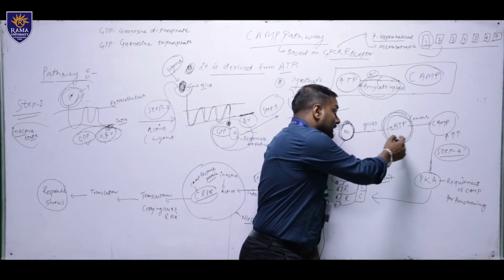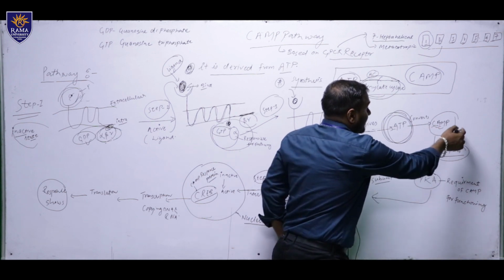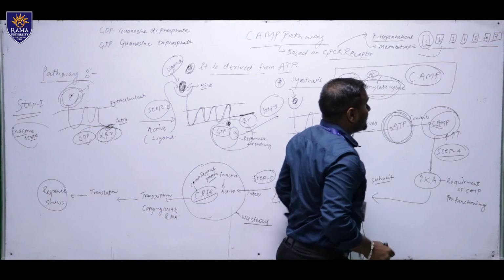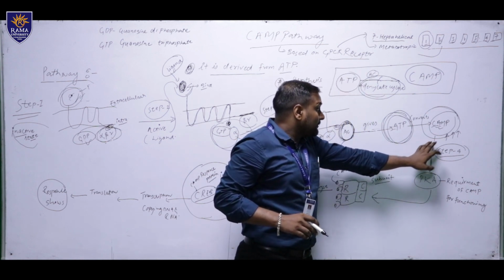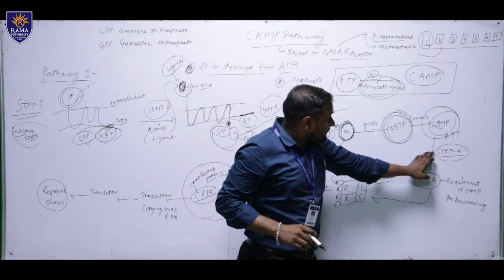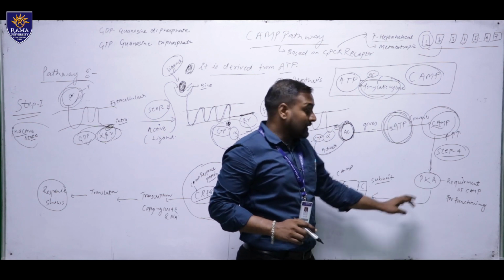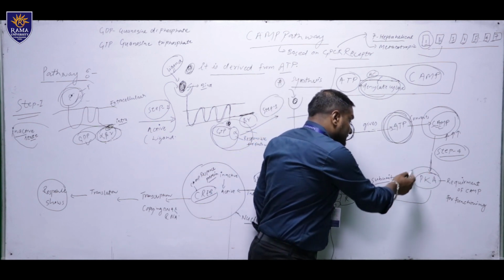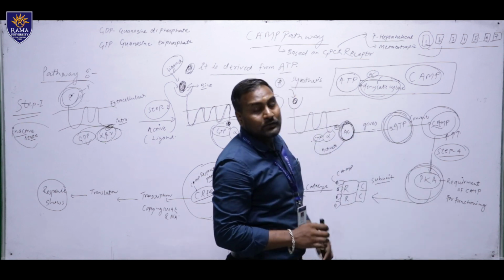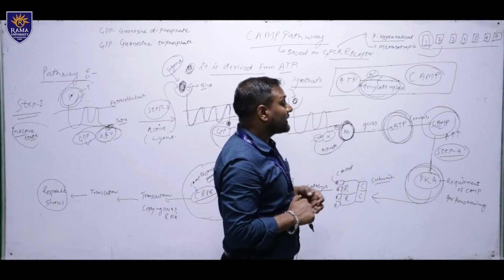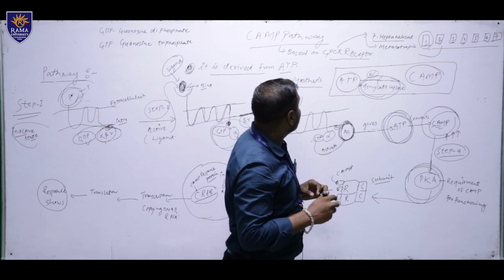Here you can see that is the cyclic AMP, and this molecule is a very large, high molecule, and after that it converts into the next step, that is the protein kinase A. Protein kinase A requires cyclic AMP for its functioning.